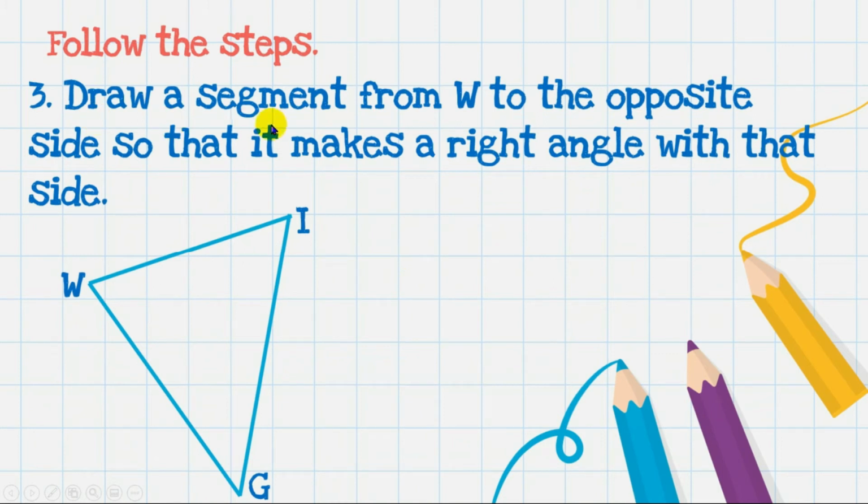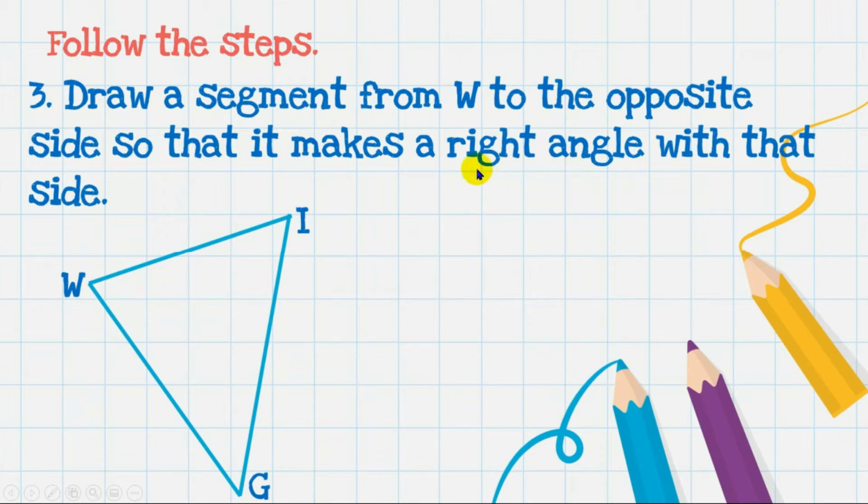So, draw a segment from point W, so vertex W, to the opposite side. So, magdraw daw tayo ng line segment from this vertex up to its opposite side so that it makes a right angle with that side. Ayun pa yung isa nating kailangan. Hindi tayo basta drawing, kundi kailangan yung segment na ito-draw natin from this vertex to opposite side will make a right angle.